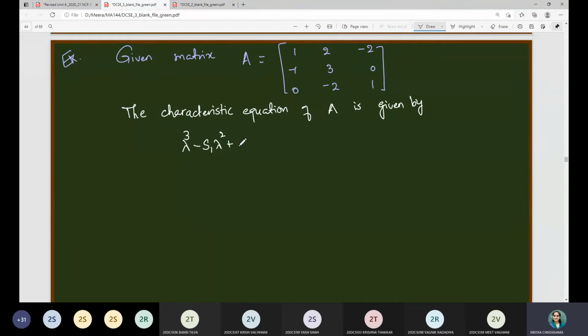If you use this formula, where S1 is the trace of A, what will you get? S2 is the sum of minors of diagonal entries. What will you get?